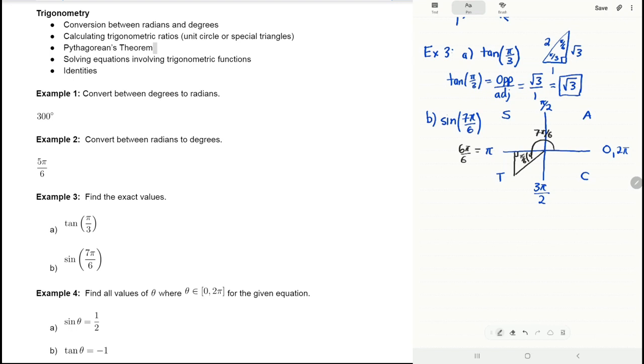So across from pi over 6, we know that that angle is the smallest side, which is going to be 1. So this vertical side of the triangle is going to have a length of -1 because we're in the bottom quadrants.